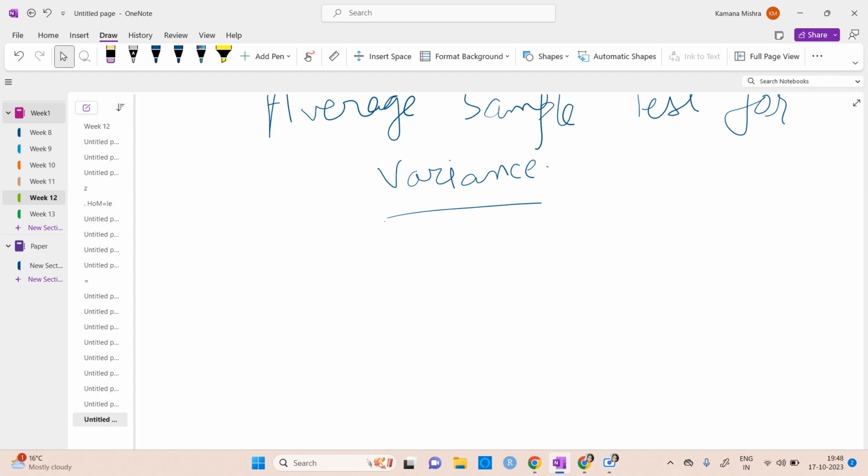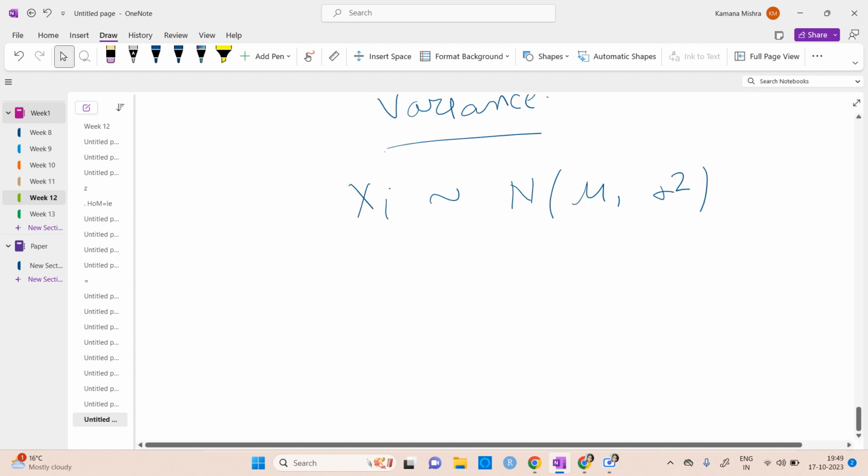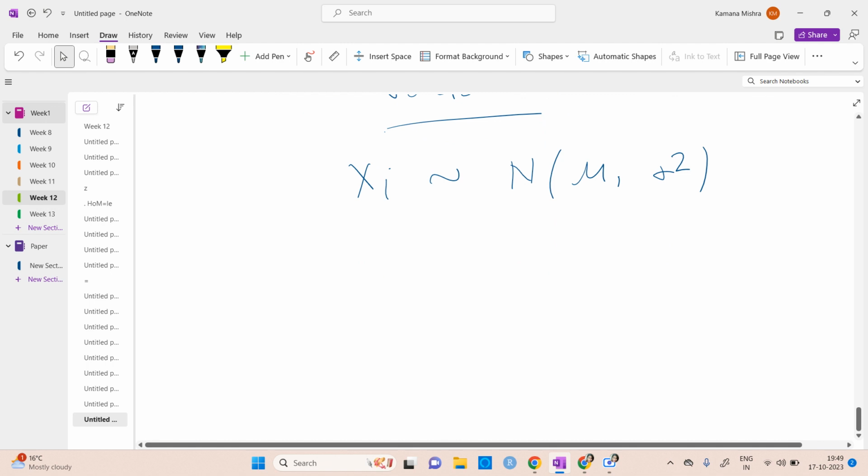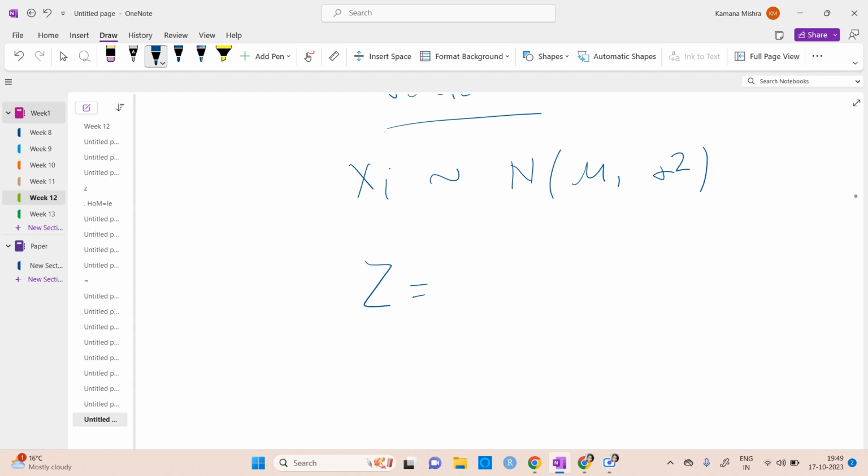If you have Xi from i equals 1 to n coming from a population with variance sigma square, and n is large, then we do an approximation like this: z equals the square root of 2n times s minus sigma naught divided by sigma naught.